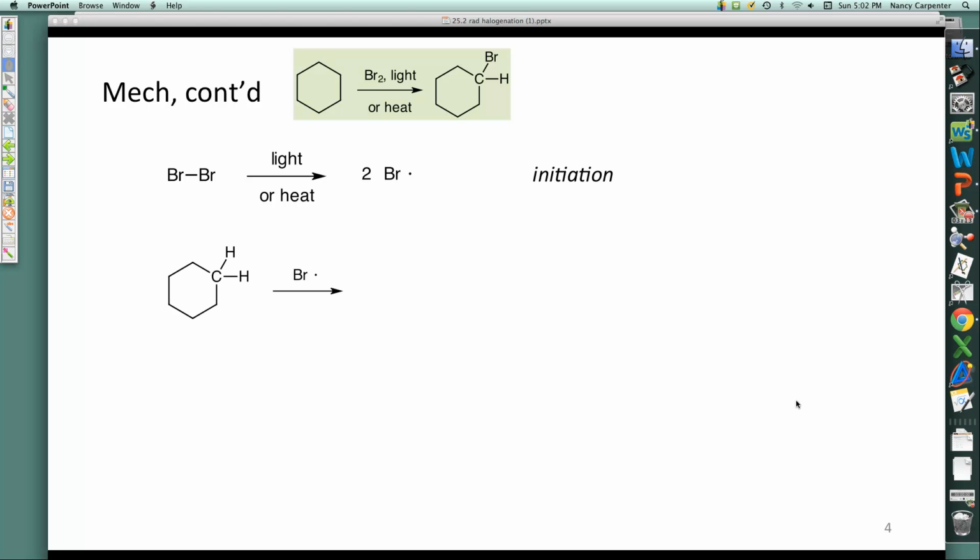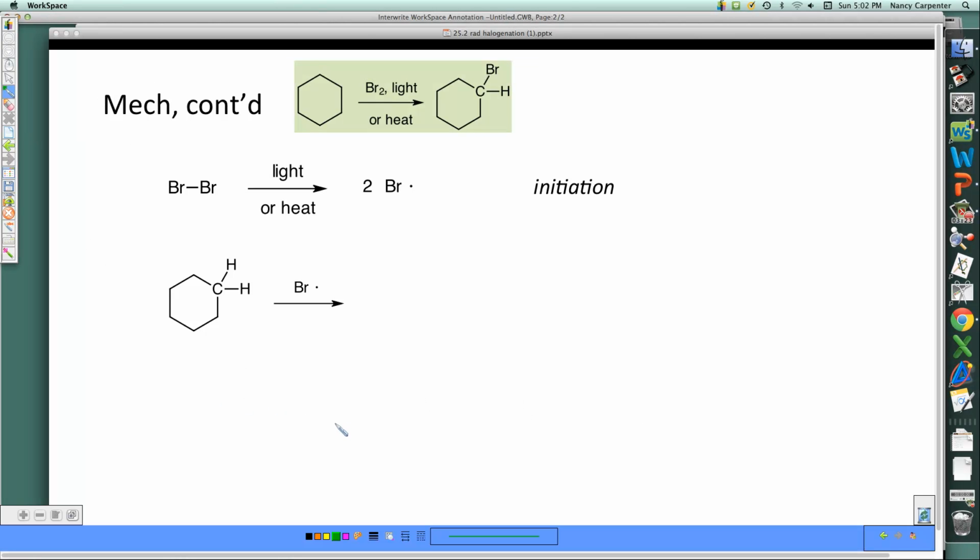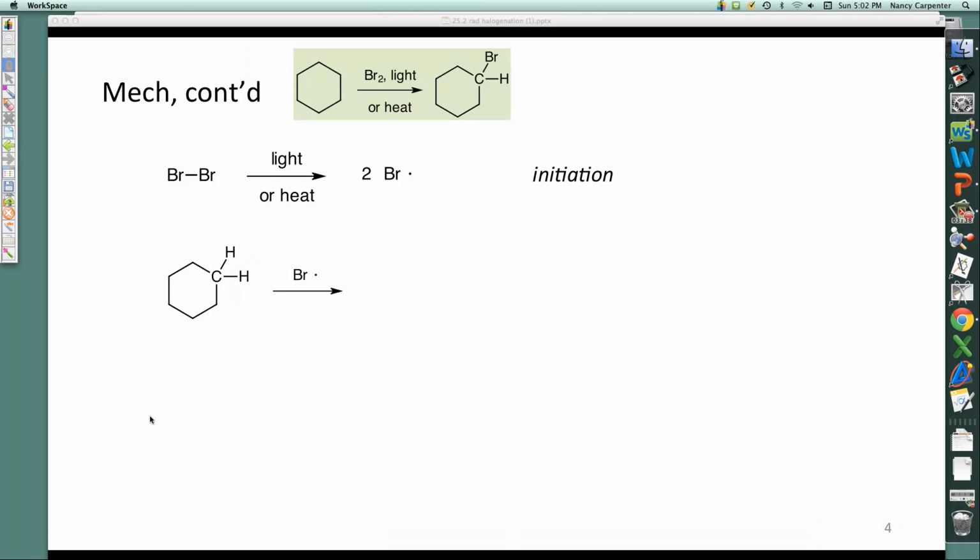What does that bromine radical do? Well, this is a pattern we're going to see throughout chapter 25. The Br radical, bromine radical, is looking for something to hook up with, and it is going to undergo a hydrogen atom abstraction. When it abstracts that hydrogen atom, you end up with a radical on your alkane.